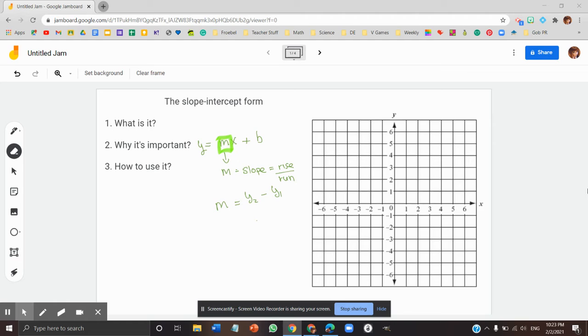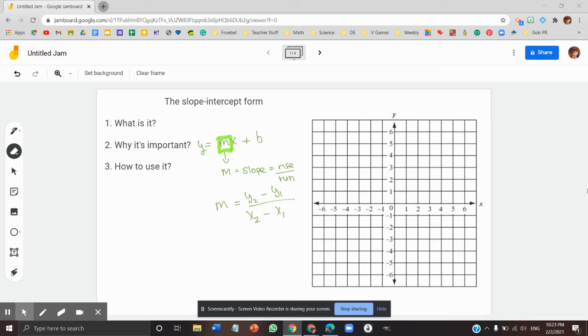Then again, this is between 2 points on that line, over x2, the x from my second point, minus the x from my first point, right? That is how I find a slope.